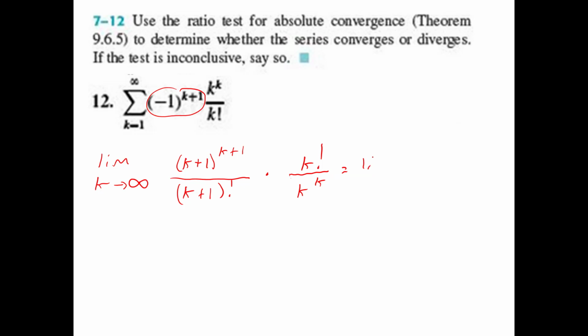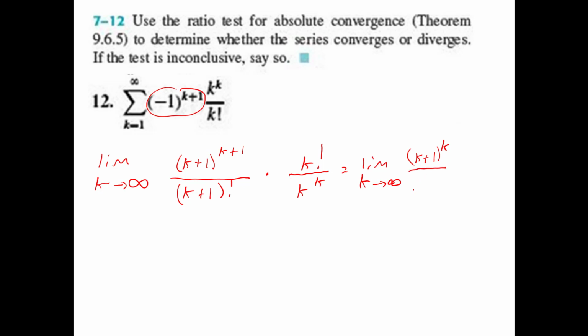This is then going to equal the limit as k goes off to infinity. So with the k plus 1 factorial and the k factorial, the bigger factorial is this one. K plus 1 factorial means k plus 1 times k, but the way we simplify those is by stopping once we get to the smaller factorial.